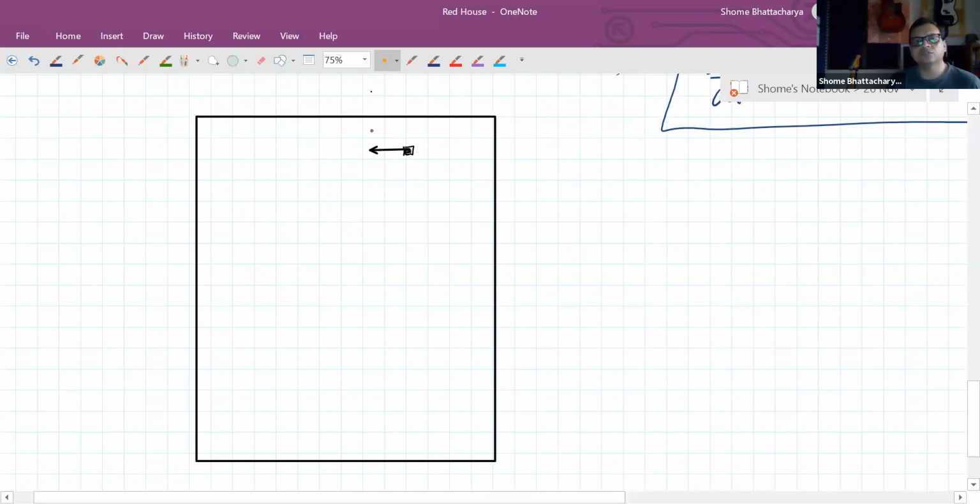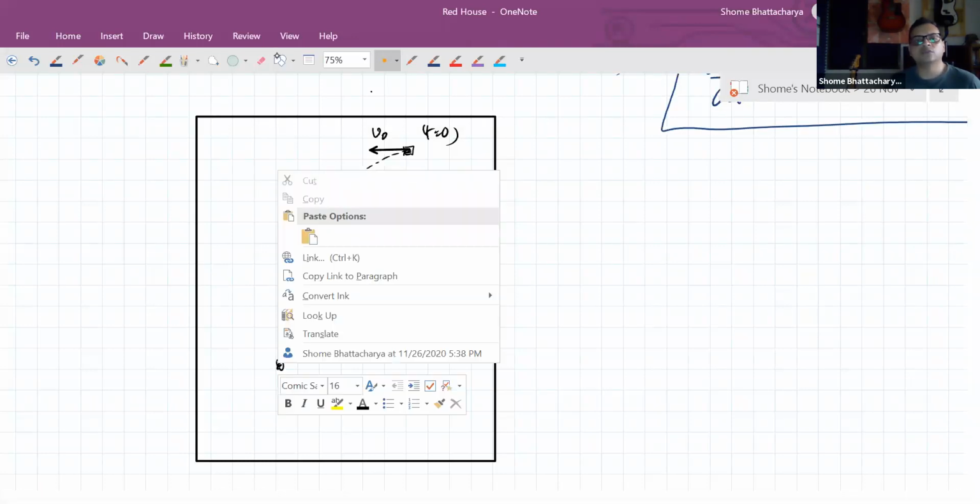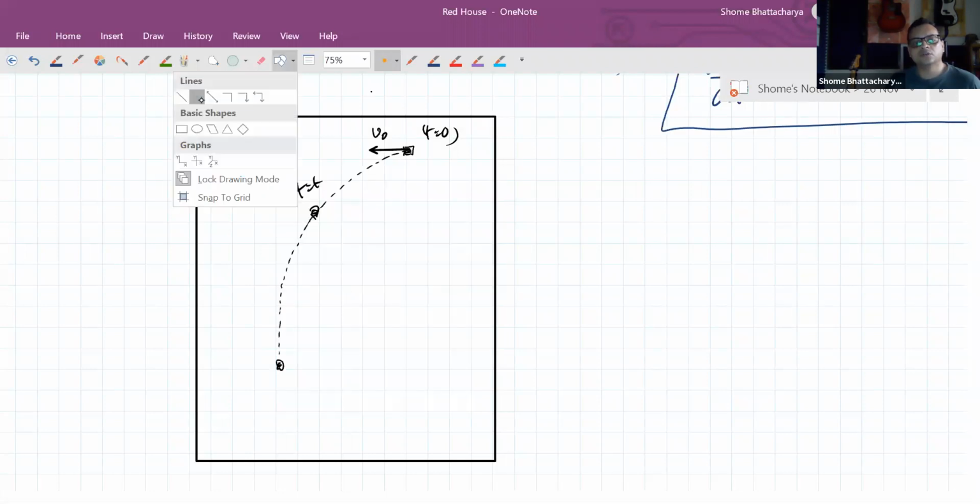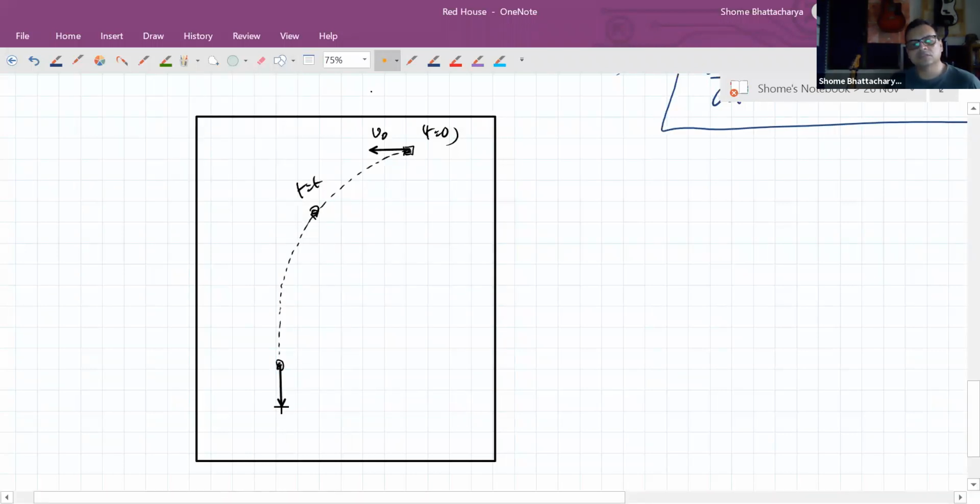The object started from here at t equal to 0, and it's moving and turning, but at some stage you'll realize it's turned through 90 degrees. So somewhere here was our t equal to t, but at some stage, let's say it is deflected by 90 degrees. So the angular deflection has now become like this.